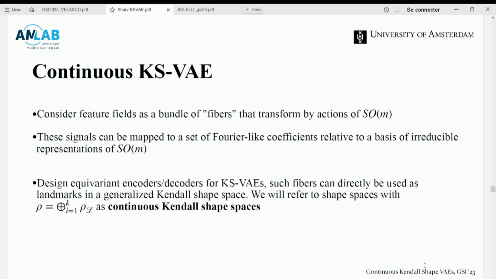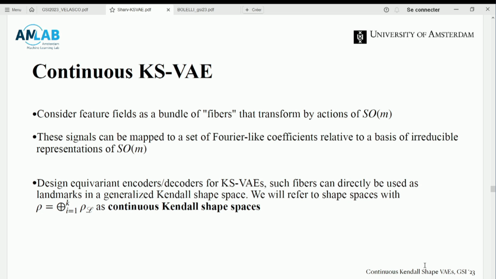So we think of these feature fields as a bundle of fibers that can transform by actions of SO(m), for example, just rotations. These signals can then be mapped to a set of Fourier-like coefficients relative to the basis of irreducible representations of SO(m), because we can do that for any of these Fourier-like coefficients.